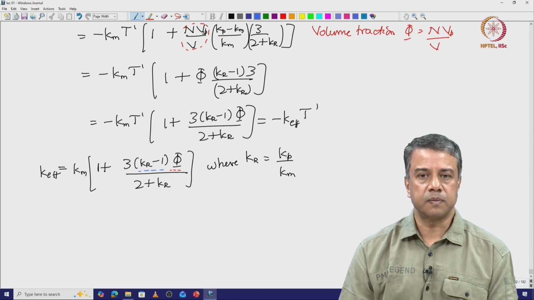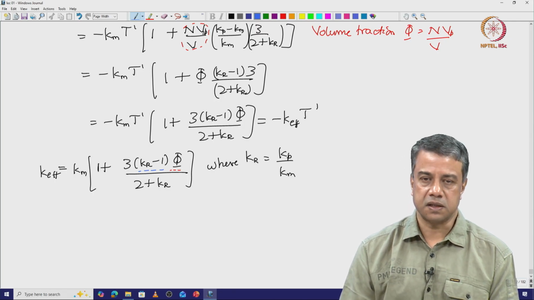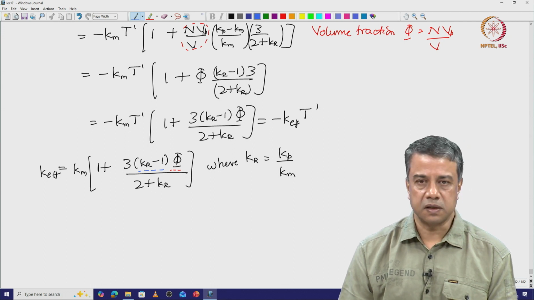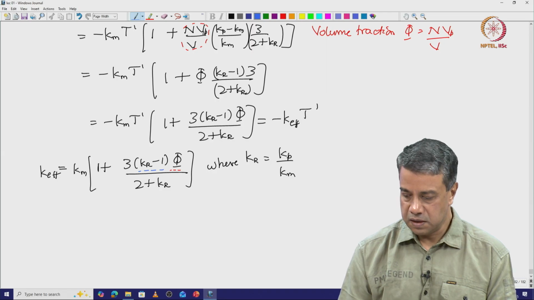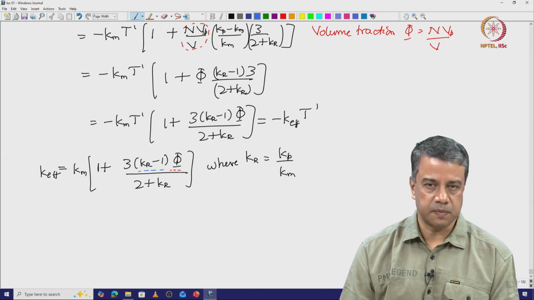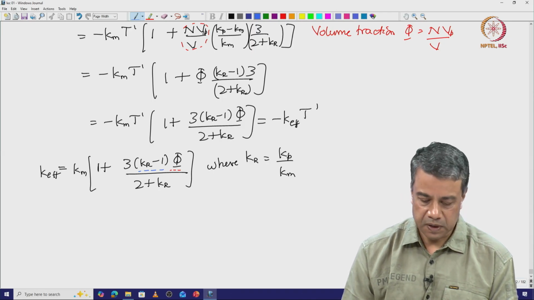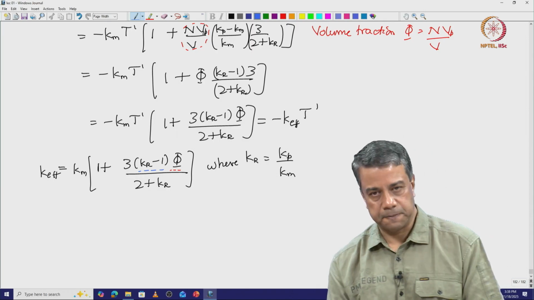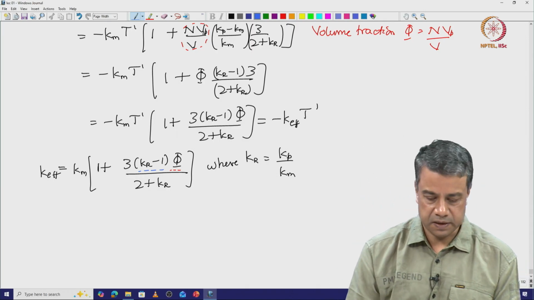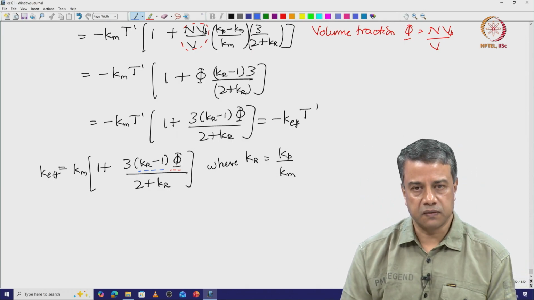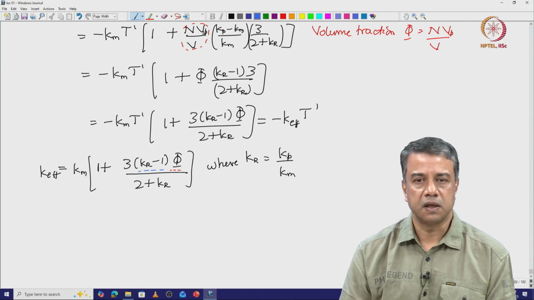It does not depend upon the particle radius. It does depend upon the relative conductivity and the volume fraction. So, whether you have small particles or large particles, you get the same effective conductivity, so long as the volume fraction is the same and the relative conductivity is the same. It depends only on the volume fraction, not on the number of particles.